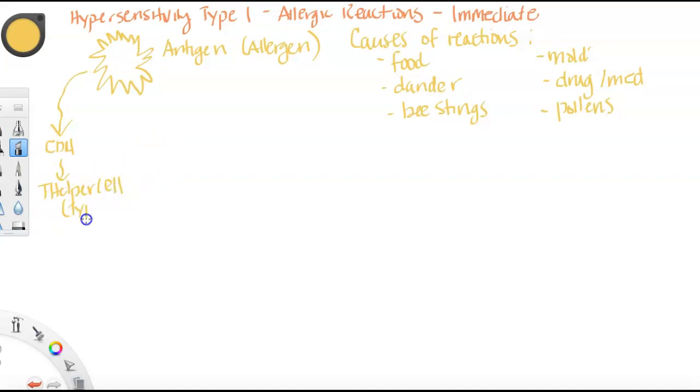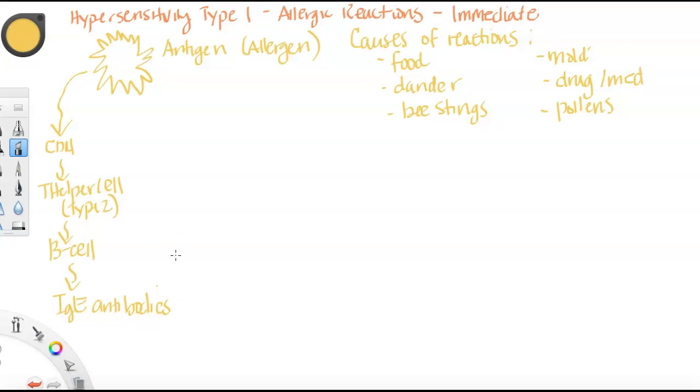It's called the type 2 cell. And it goes and activates B cells. And then these B cells start producing IgE antibodies. All right, so that's kind of what happens when you become sensitized to it.